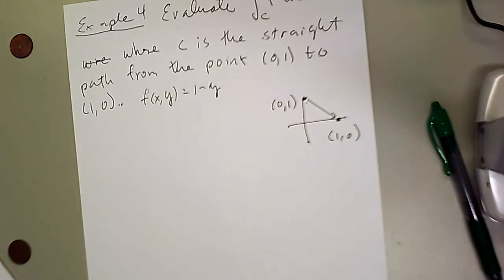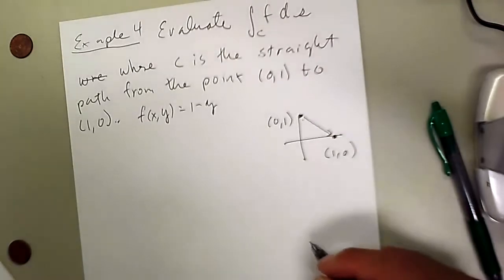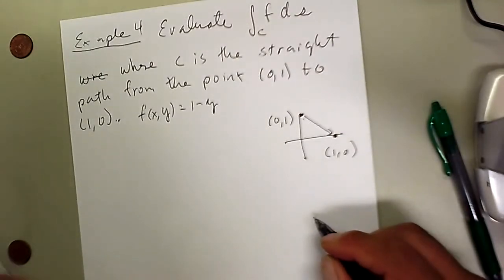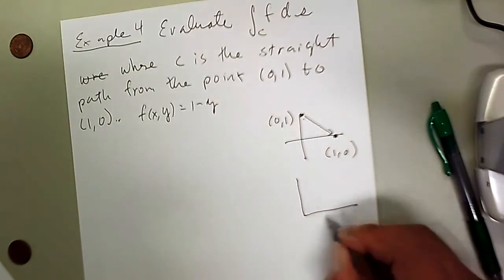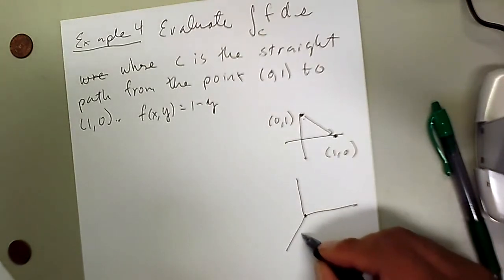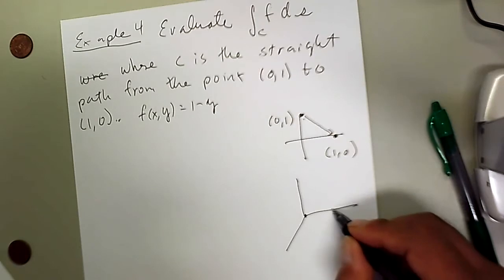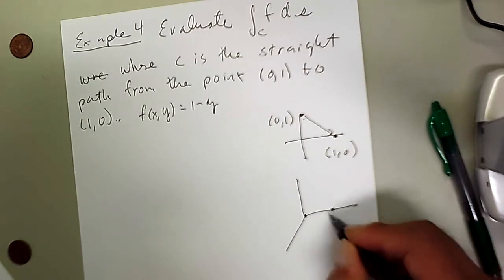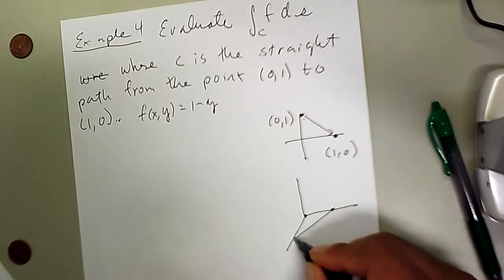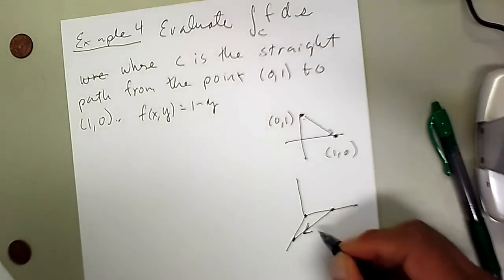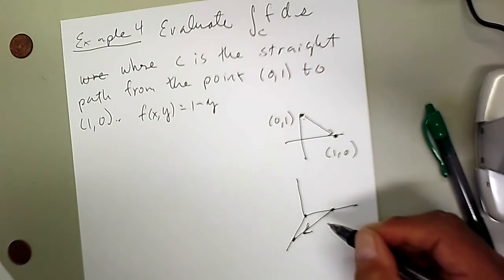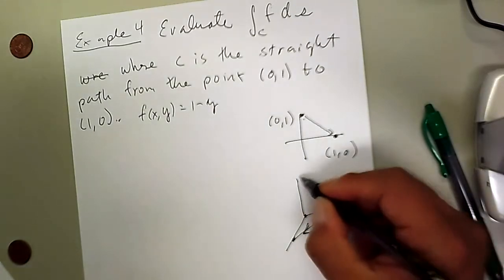I just thought we can do this geometrically now that I think about it. If things are just right, we can do some problems geometrically. So the path goes from 0, 1, which would be here, to this point, so this direction. It is important to know the direction because otherwise you're going to end up with the opposite.